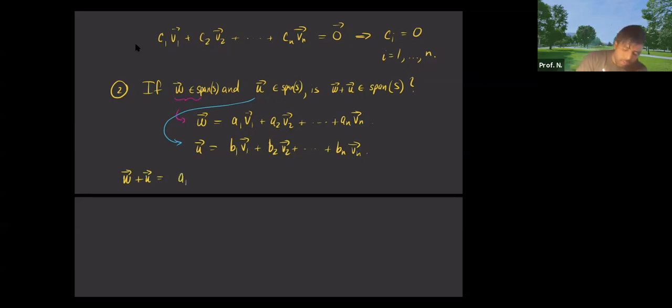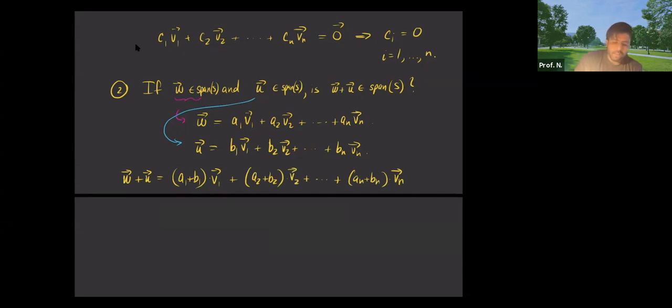Don't I get (A1 plus B1) times V1 plus (A2 plus B2) times V2 all the way to (An plus Bn) times Vn? Isn't that the result?